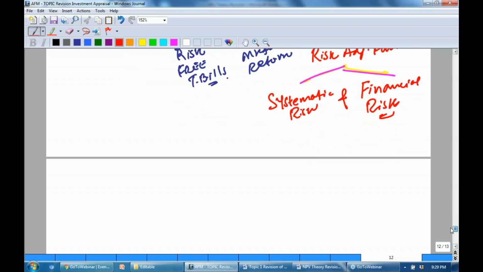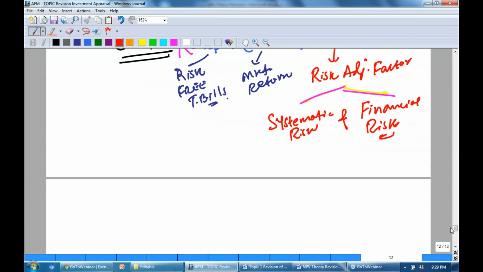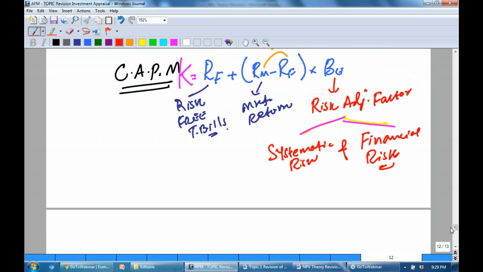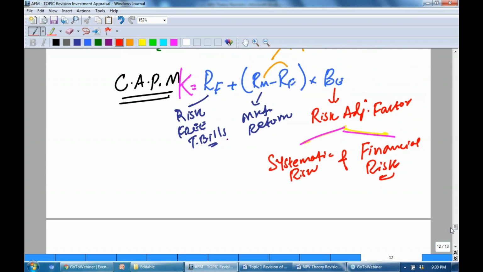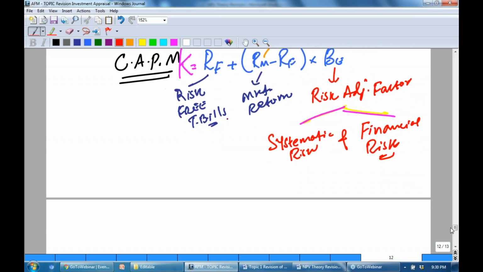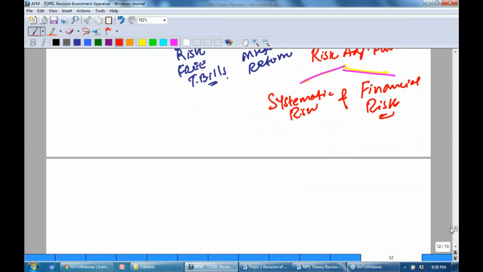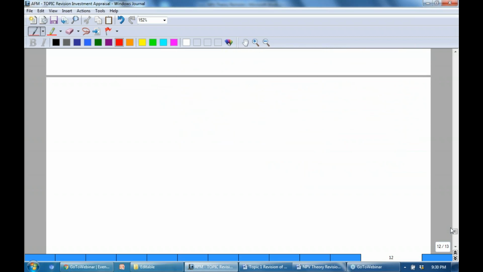Now, the very important thing you have to consider here is how beta equity drives, how the risk is incorporated in the CAPM formula.